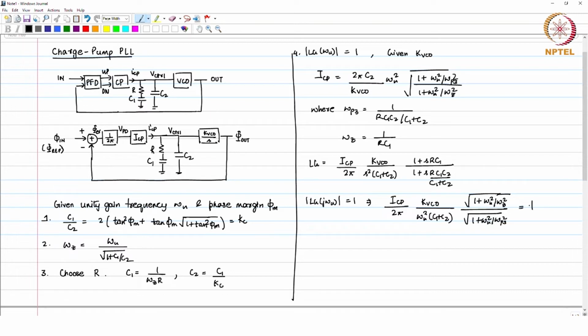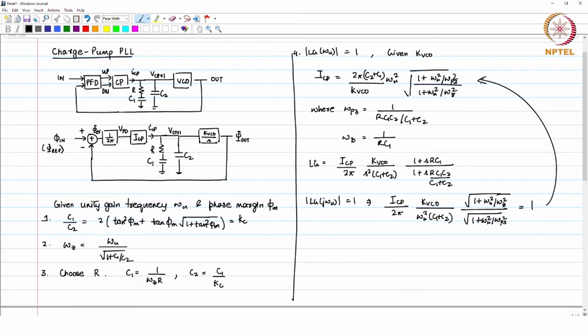This is equal to 1. So, now you see that for ICP you just equate it back. This leads to this value, which will give you the ICP.